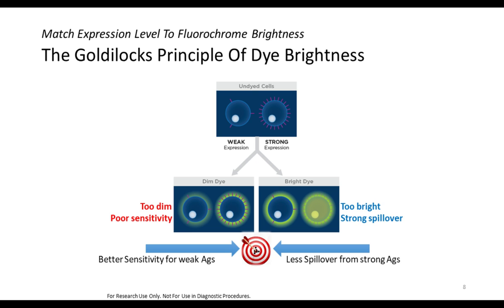So we really want to balance that. We don't want to be too dim, to have enough sensitivity, but also not too bright, so that we avoid spillover into other channels. And again, that is basically the same message. Be just as bright as needed, but be also as dim as possible, just find the right intensity to really meet the needs regarding your antigen.